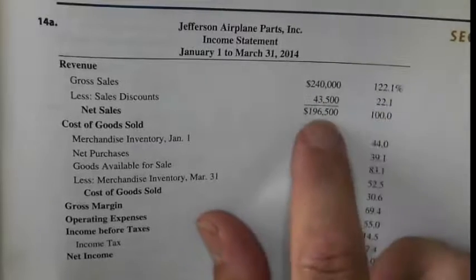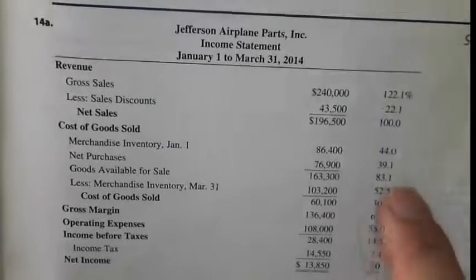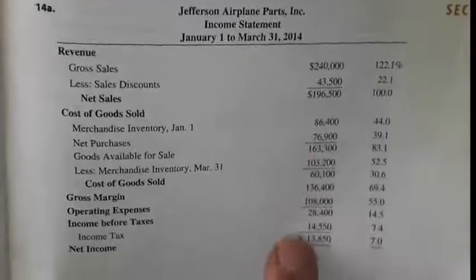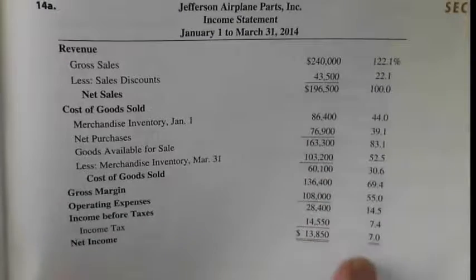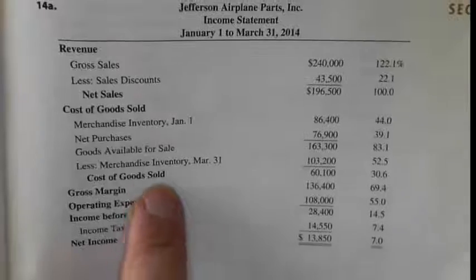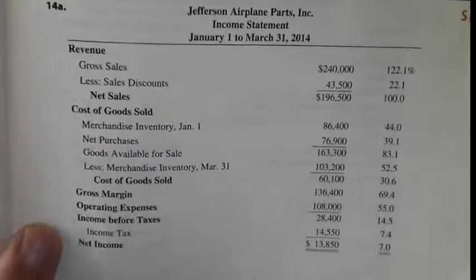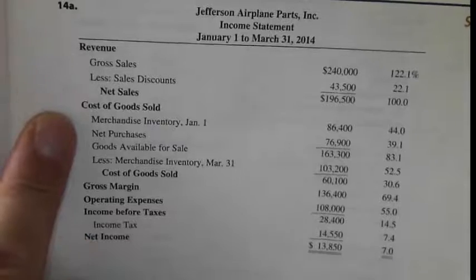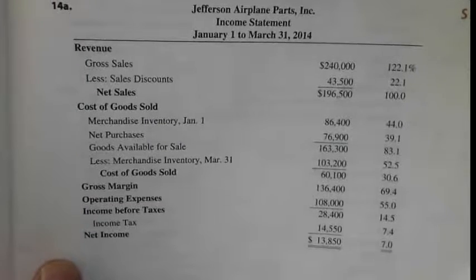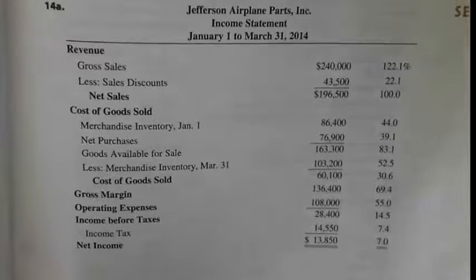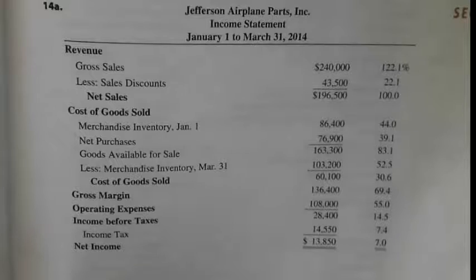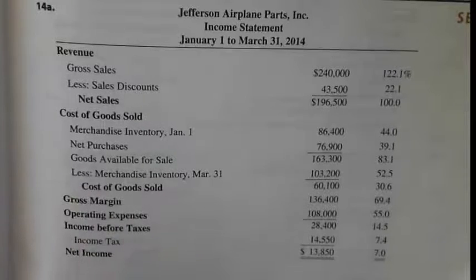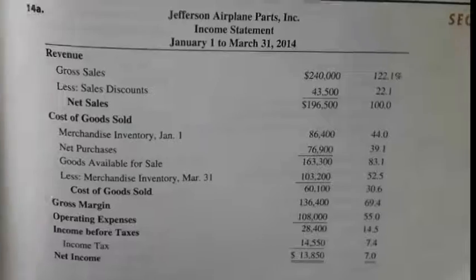Same here. Obviously that's bigger, since you're basing it on net sales. So you're comparing all of these numbers based on net sales. This is the information they gave you. Yours needs to look fairly similar to this. This is pretty much the standard form that they showed you in the text. This is how it should look, or very close to it. You're just taking the information they gave you and plugging it into the form.